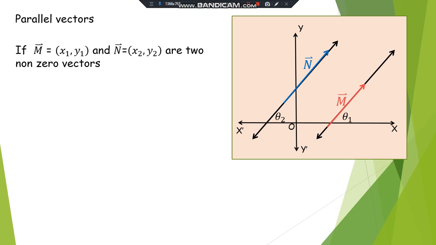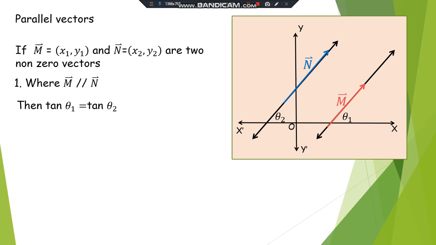So if vector m equals (x1, y1) and vector n equals the ordered pair (x2, y2) are two non-zero vectors where m is parallel to n, then as we studied before, tan theta 1 equals tan theta 2 because they have the same measure.